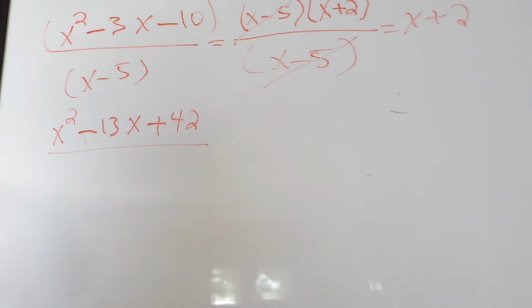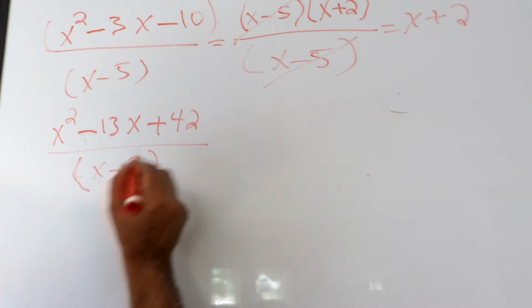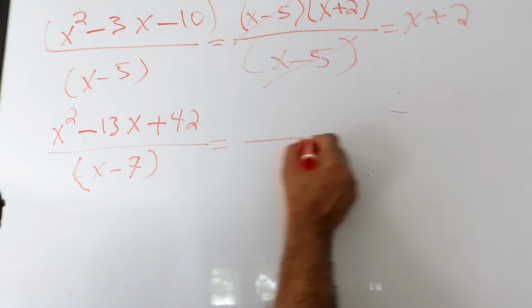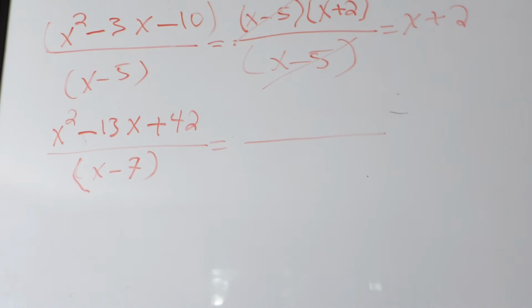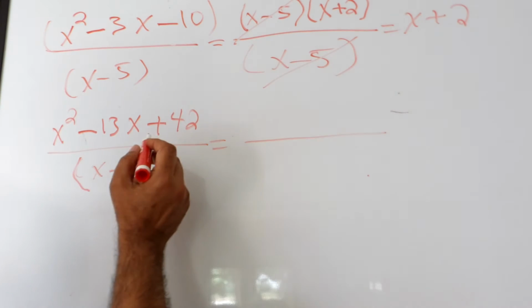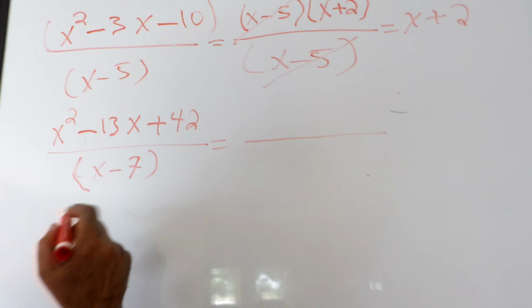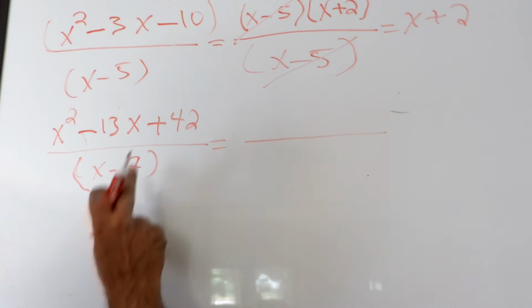As we talked about earlier, first of all you have to factor this one. To factor this one, one of the factors is going to be something like x minus 7, because we're going to cancel out.